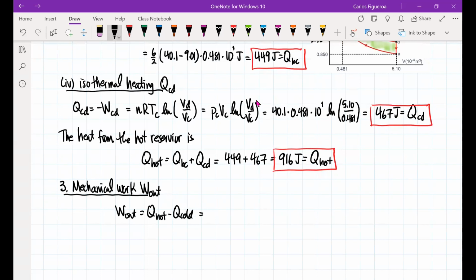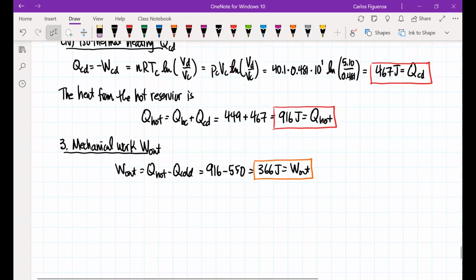In this situation, I'm getting 916 minus 550, which then gives me a work of 366 joules that the engine does. So now I have this, and now I can calculate the efficiency.